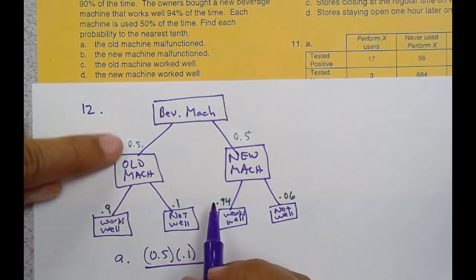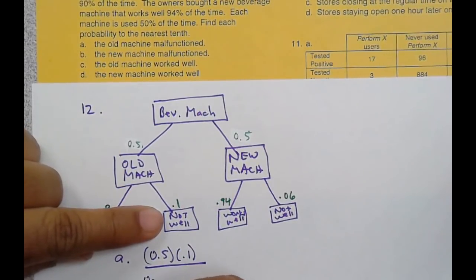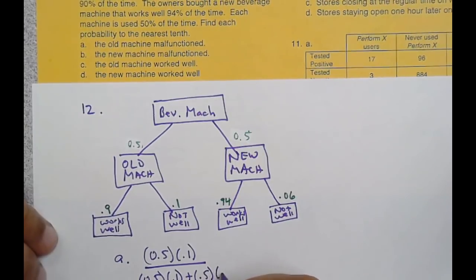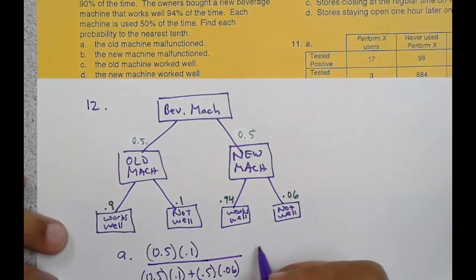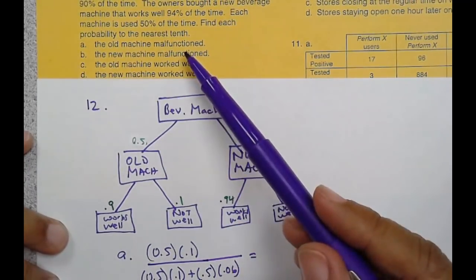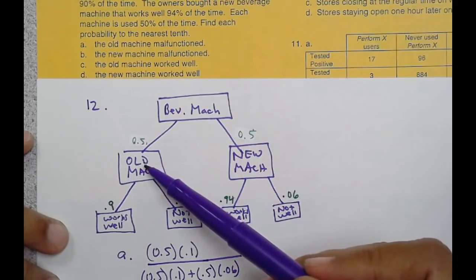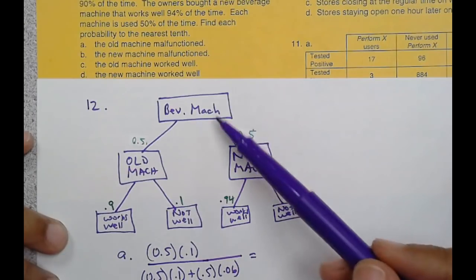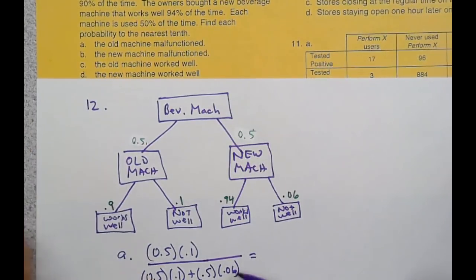So we take this path, 0.5 times 0.1, and add to that the not well on the other side, which is 0.5 times 0.06. And this is using Bayes' theorem: the probability that the old machine malfunctioned over all of the malfunctions, old machine and new machine, added together.